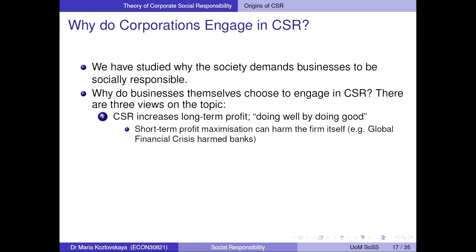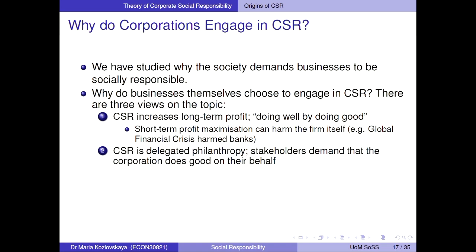And you would think that this short-sighted profit maximization many traders and investment banks pursued backfired and resulted in them losing money themselves. So sometimes it's good to care about the common good because you are part of that common.